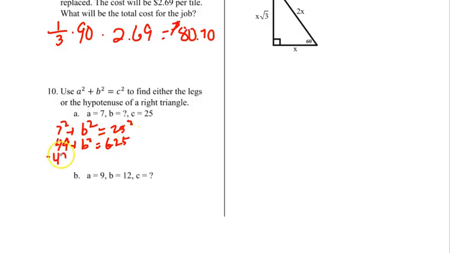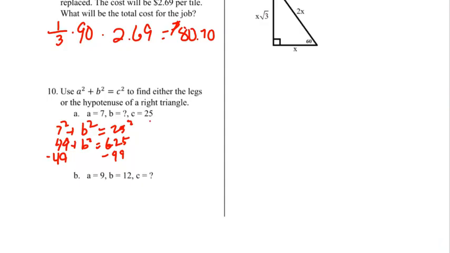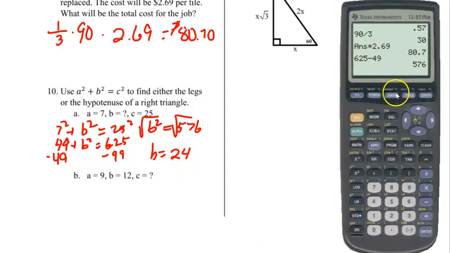Subtract 49 on both sides, and we have 625 minus 49 gives us an answer of 576. So b squared equals 576. To undo a square, you find the square root of both sides, and b is going to equal, I believe, 24, but let's just verify that. The square root of 576 gives us 24.